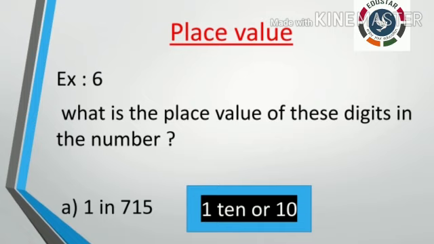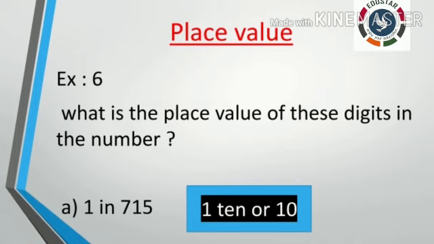Okay. A. 1 in 715. So what is the place value of 1, children? The place value of 1 is 10. Here you should not add s along with 10, T-E-N, because 1 is singular. Okay, my dear? Okay, fine.